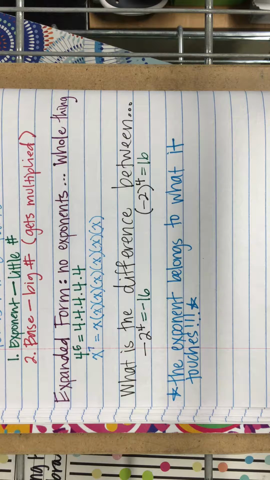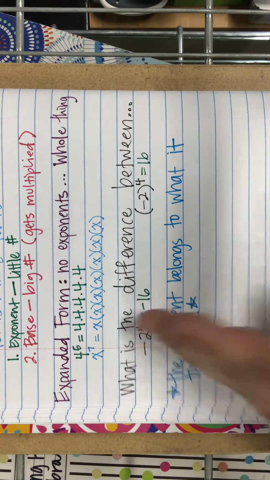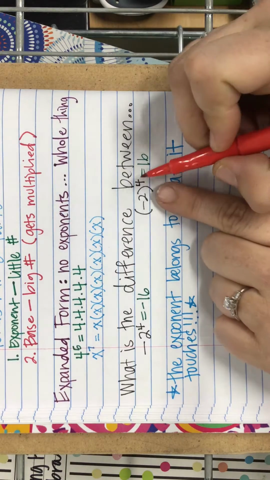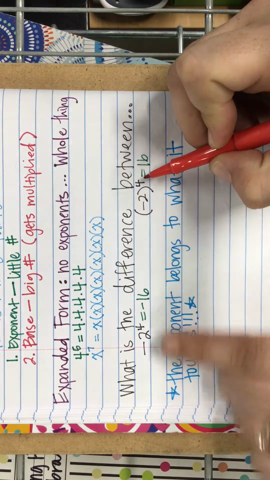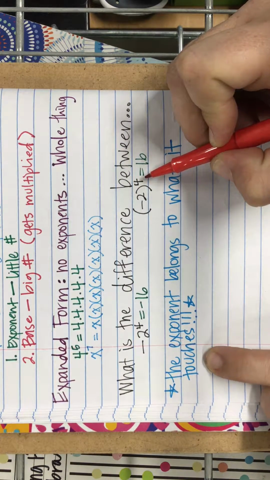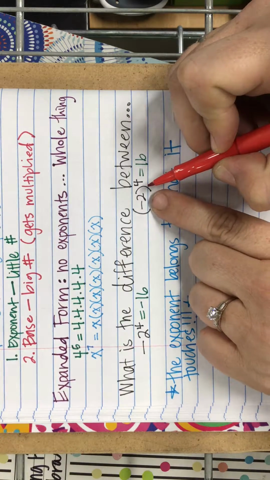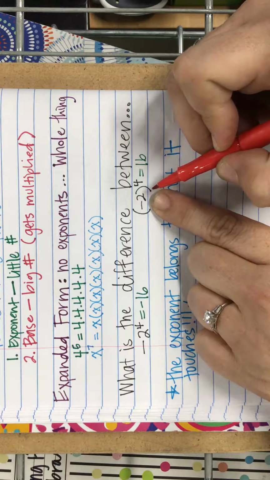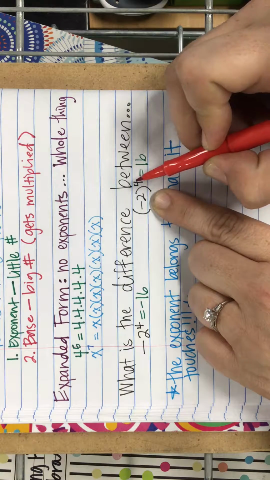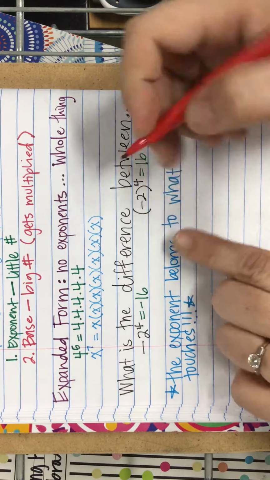So ignore the first example, and look at the second example, (-2) to the 4th. What does the 4, the exponent, touch? It touches the parentheses, meaning the parentheses happen 4 times.